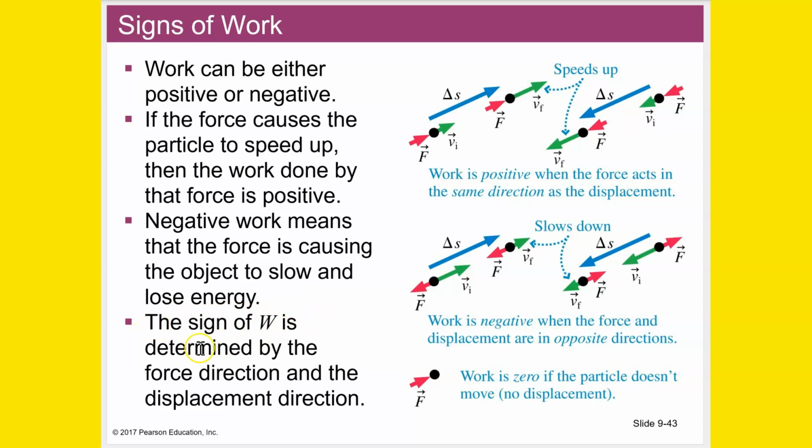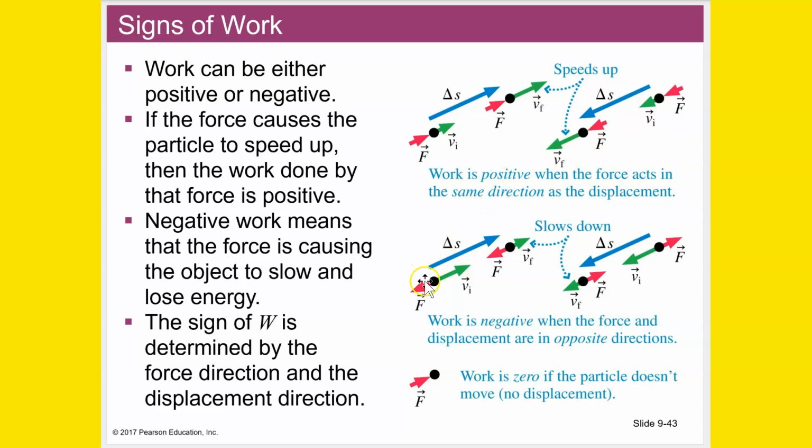The sign of W is determined by the force direction and the displacement direction. When the force direction and the displacement direction are the same, so the force points this way and the object moves this way, that's positive work. Or when the force points to the left and the displacement is to the left, that's also positive work.